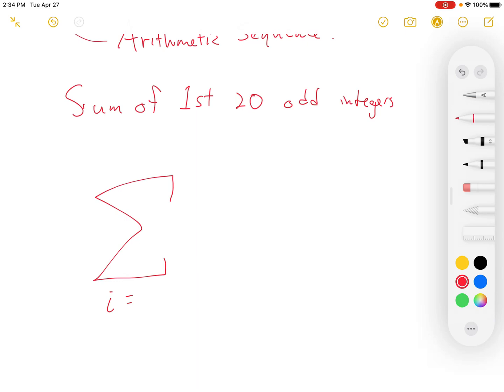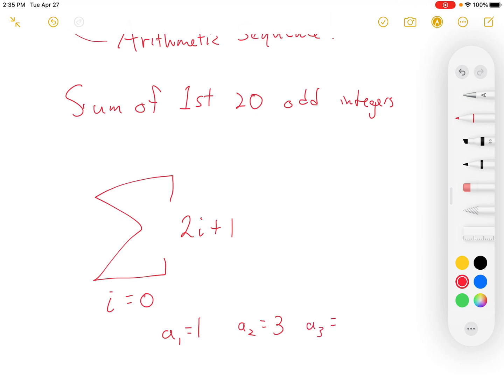So it's going to have to be, let's see, 2i plus 1, let's say, and start at 0. So 2 times 0 is 0, plus 1 is 1. So there's the first term. The second term would be 2 times 1 is 2, 2 plus 1 is 3. Okay, I think we got it.